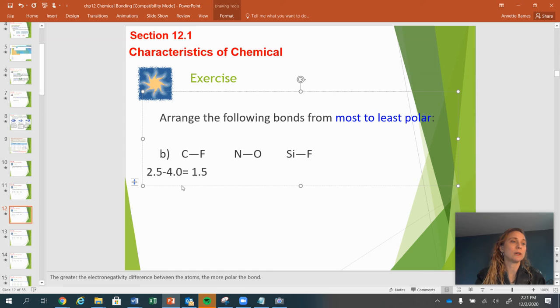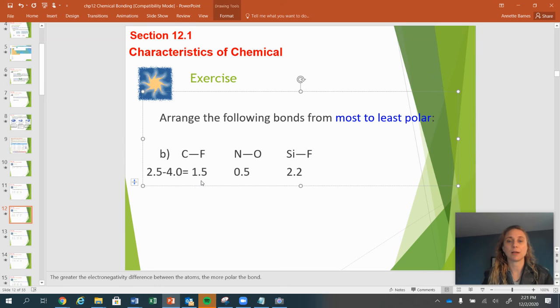Nitrogen and oxygen, that will be 3.5 minus 3.0, so that's 0.5. Silicon and fluorine, that's 1.8 and 4.0, so that one's a 2.2. That's a lot. That's a pretty big difference.